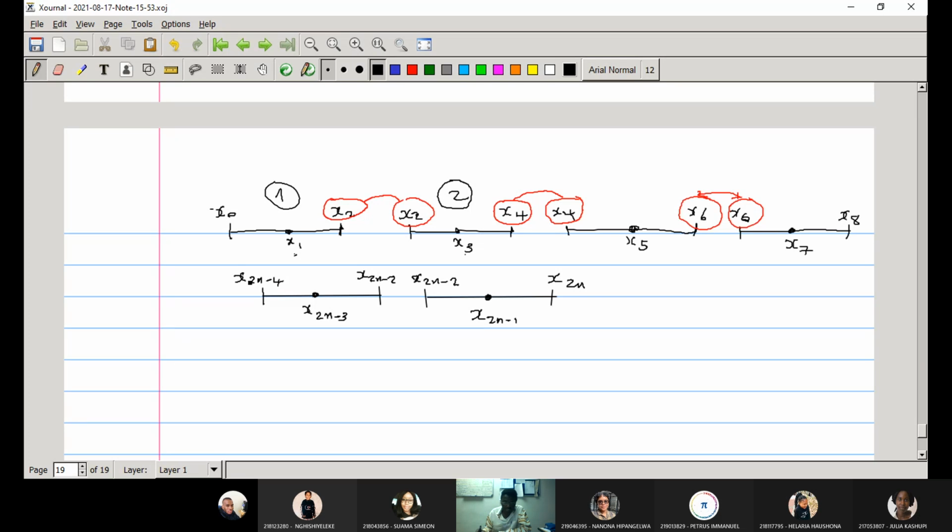You can see that this one and the previous one will be repeated.